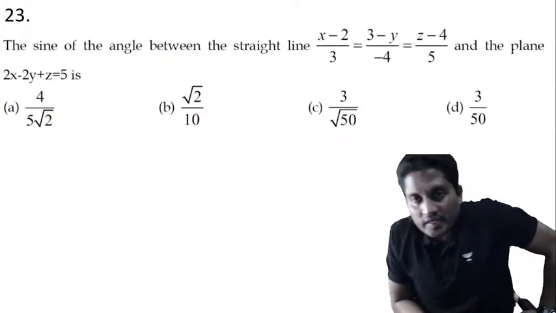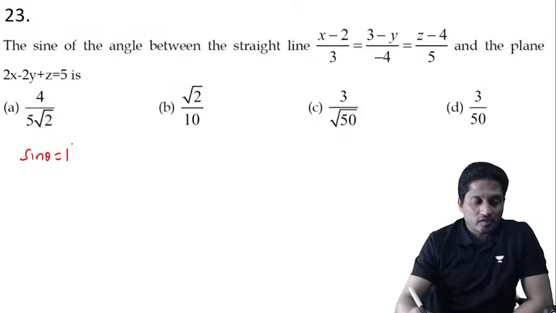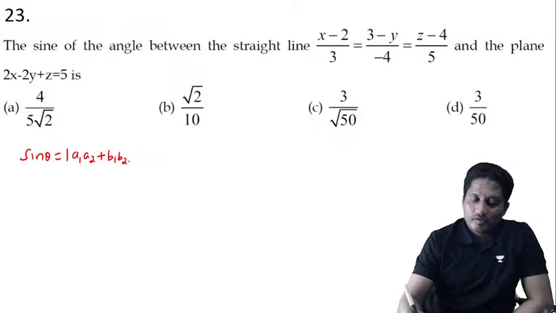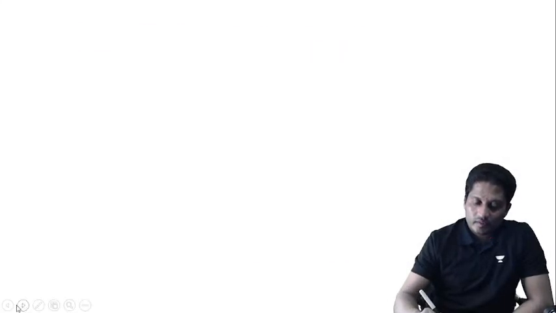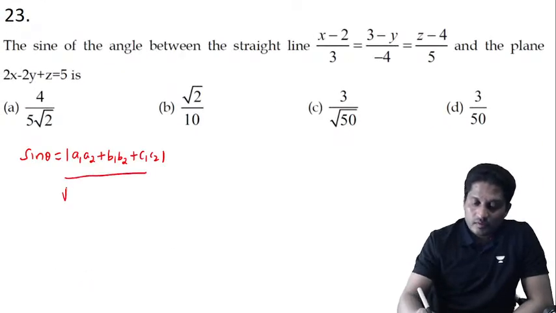Sine of the angle between the line and the plane. I told you, right? Sine of the angle between a line and the plane: sine theta is equal to the modulus of a1 into a2 plus b1 into b2 plus c1 into c2, divided by root of a1 square plus b1 square plus c1 square into root of a2 square plus b2 square plus c2 square.